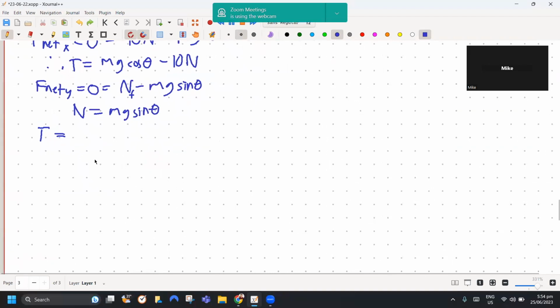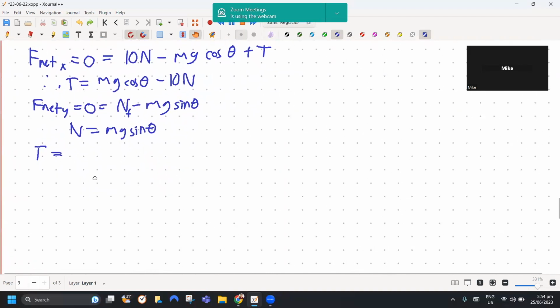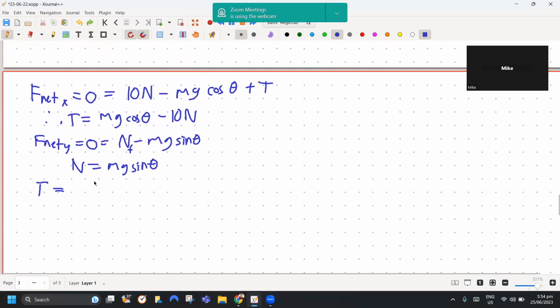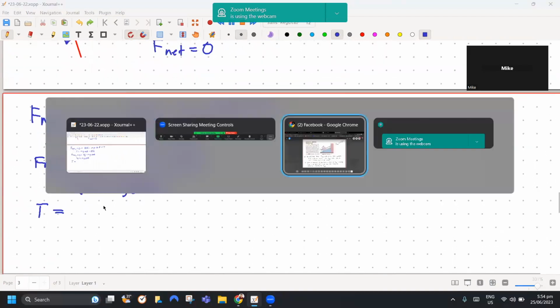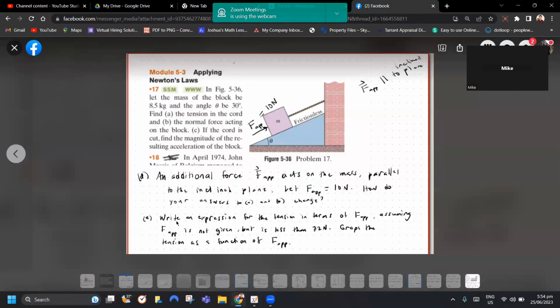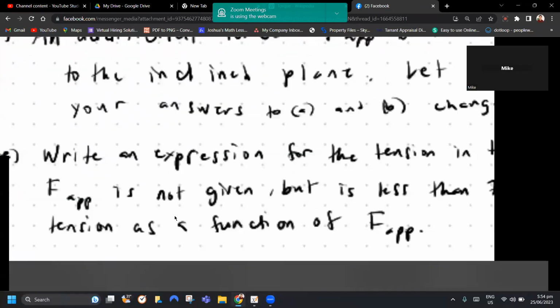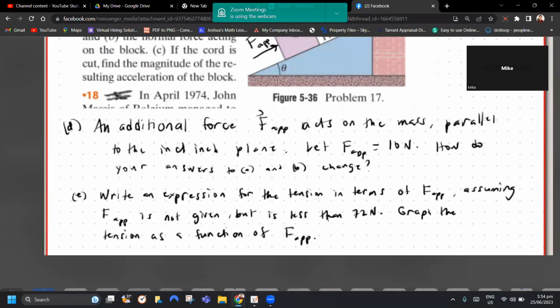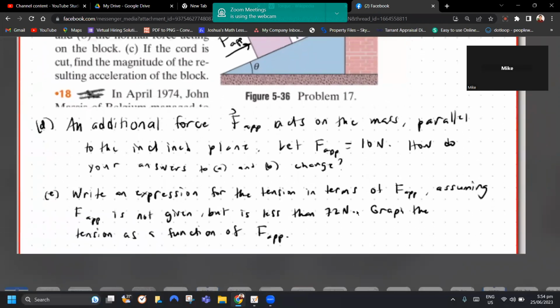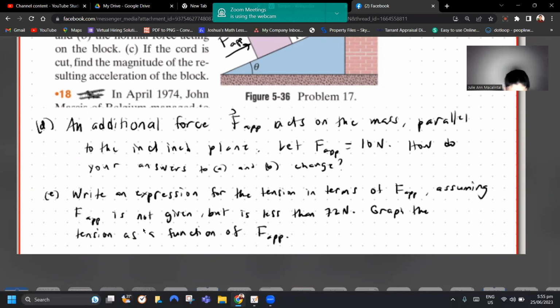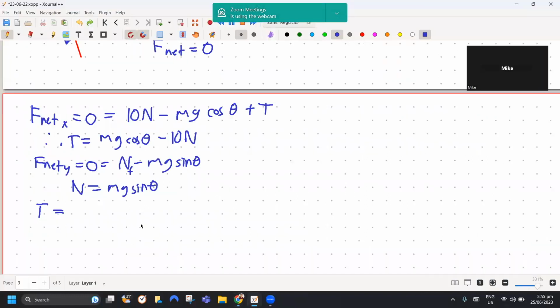Yung letter E. So, we're now looking at letter E. So, write an expression for the tension in terms of F applied. Assuming F applied is not given, but is less than 72. And then we'll talk about bakit less than 72 lang.